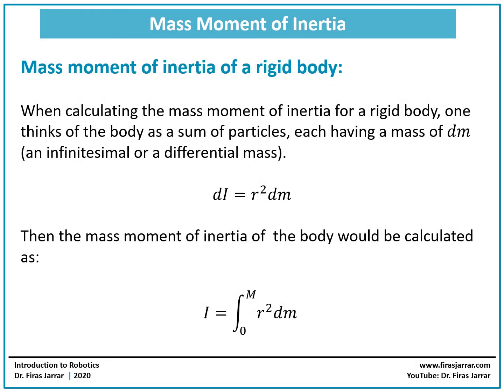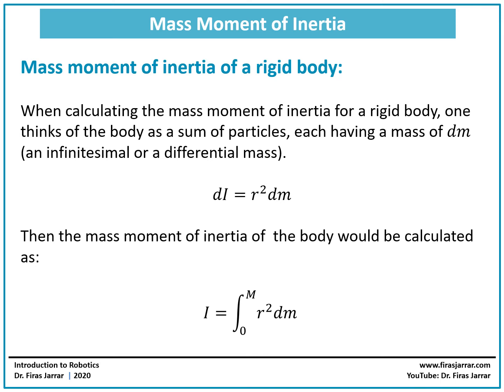Up to this point, we have seen that the mass moment of inertia for a point mass is basically the mass times the square of the distance to a specific axis. Now, we would like to extend this to the case of a rigid body.